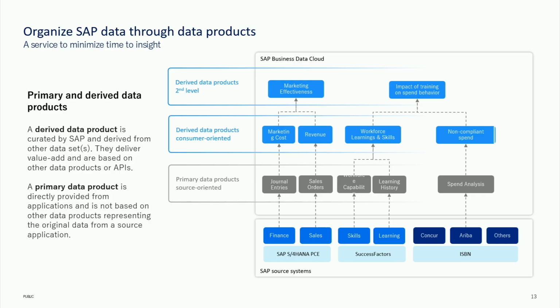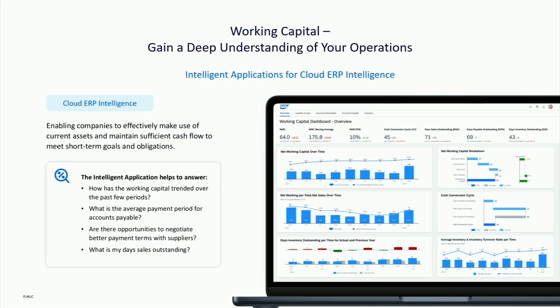And also maybe marketing effectiveness, or this impact of training on spend behavior example, is then in the end maybe something you can benefit from out of the box, which you do not have to do manually on the Databricks piece, but you are just consuming that gold data product to combine it maybe with other data that you have in your enterprise, with Databricks, for example.